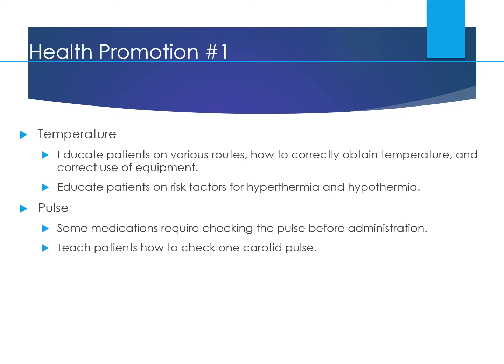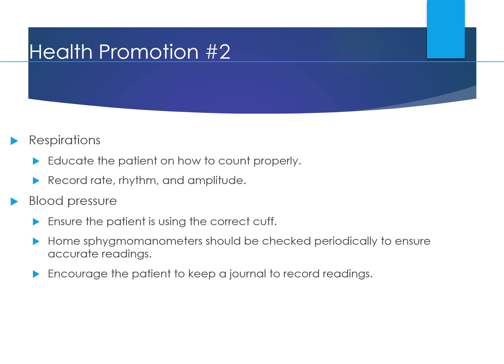Also teach patients what may lower or increase heart rate. Teach patients how to check one carotid pulse, not both carotid pulses. For respirations, we need to educate patients on how to count properly. For blood pressure, we also need to ensure that the patient knows how to check it.